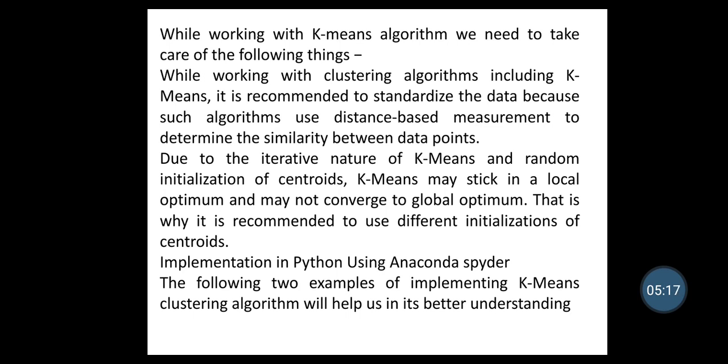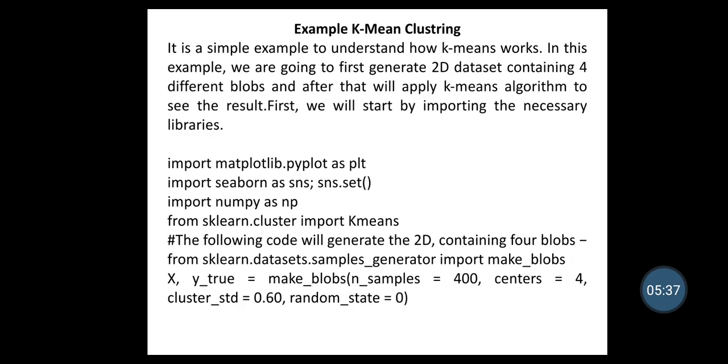Implementation in Python using the Anaconda Spyder tool. We write the following code of the K-means algorithm, which helps to understand the concept behind K-means, using datasets from various libraries. First of all, I am defining a first example for K-means clustering.